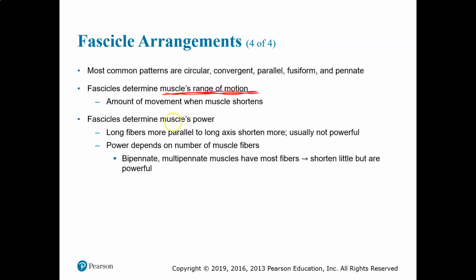And the muscle's power is determined by the number of fibers, the length of the fibers, and the type. I think we learned in chapter 9 that we had fast muscle fibers and slow muscle fibers, so type 1 and type 2.